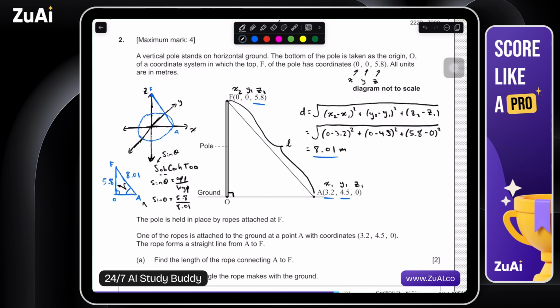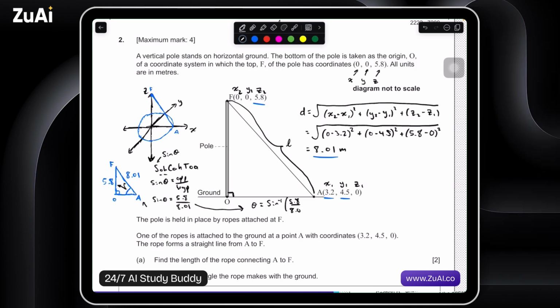After that, you can go ahead and solve. I apologize for the lack of space, it's condensed. But we can also write this as theta equals sine inverse of 5.8 over 8.01. Either of those should work. You can either solve the original equation, or take the inverse, whichever you're comfortable with.